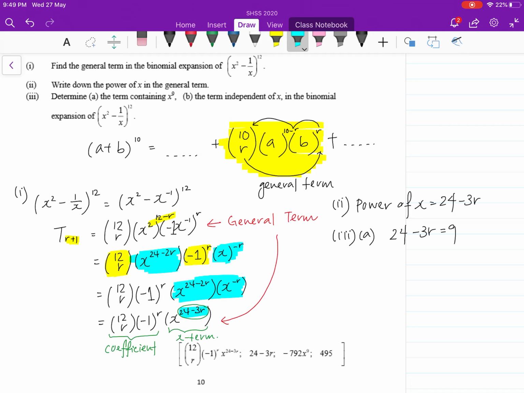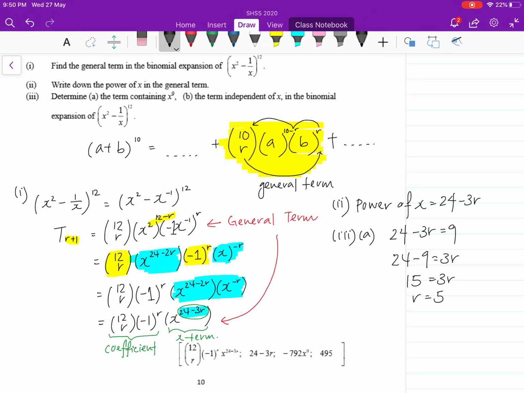So I just substitute 24 minus 3r equals to 9 and find out what is the r that gives me that power 9. So if I were to shift it around, 24 minus 9 equals to 3r. 24 minus 9 is 15 equals to 3r. r is 5.